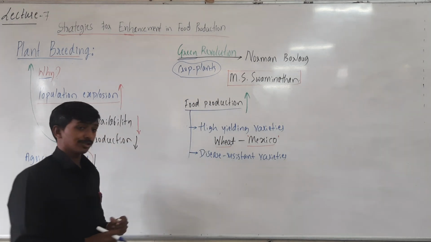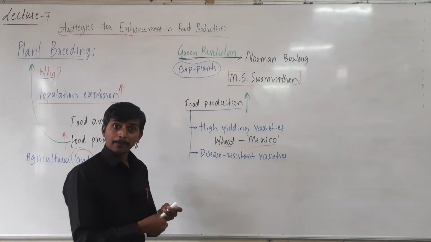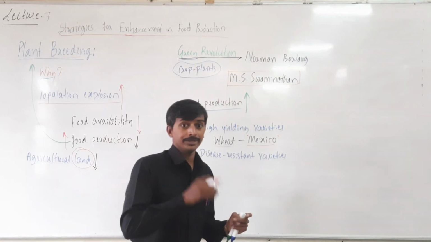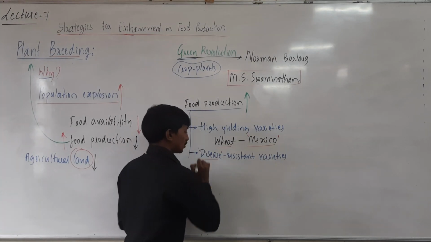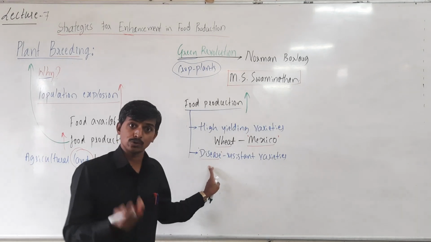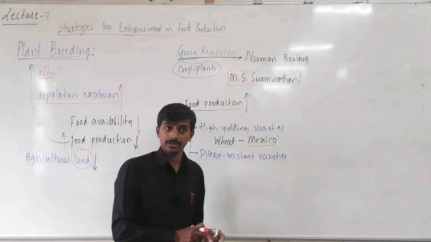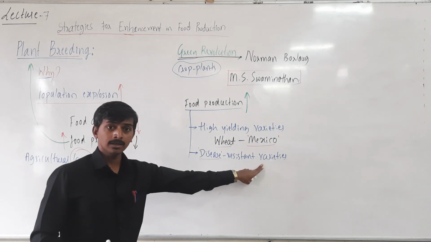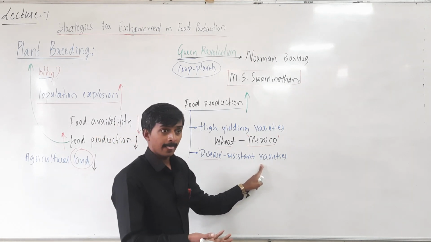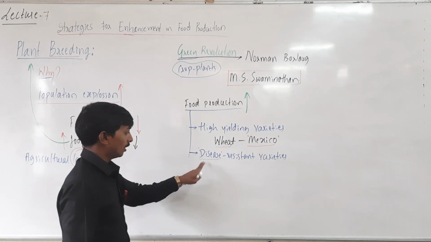Disease resistant varieties means the plant has to tolerate, it has to resist the various disease causing agents, pathogens like bacteria, virus, fungi. So, the plant variety has to tolerate, repel and fight those pathogens.